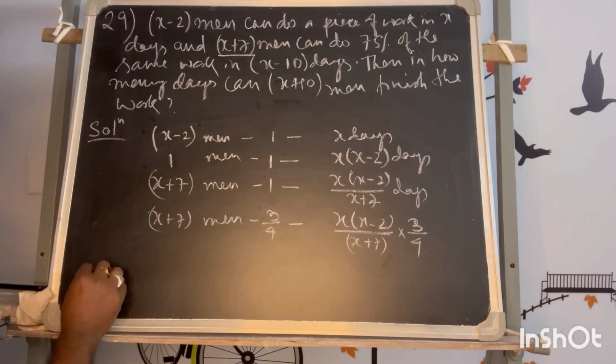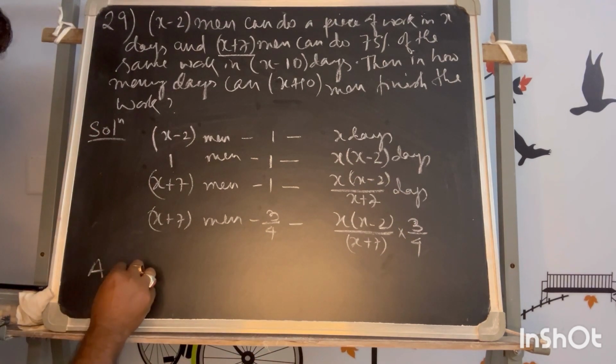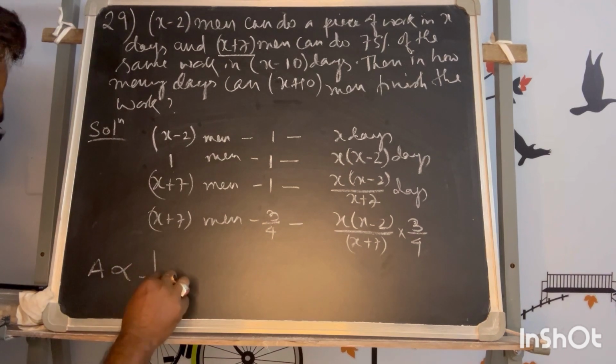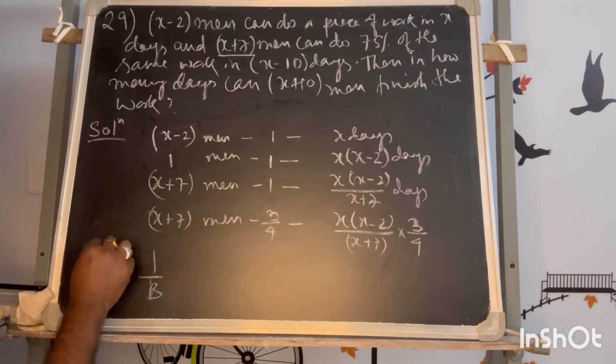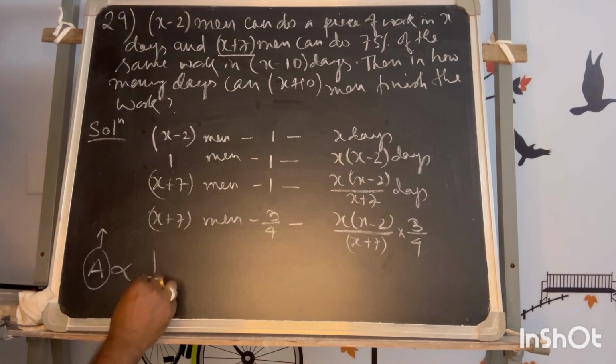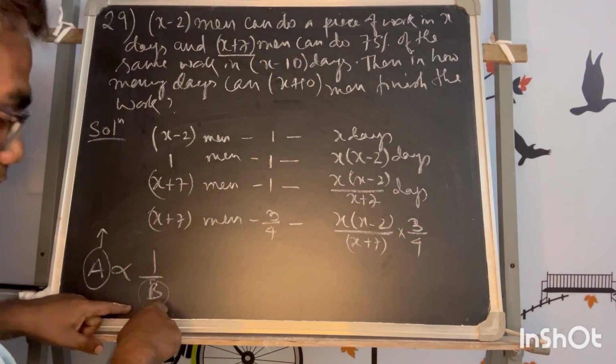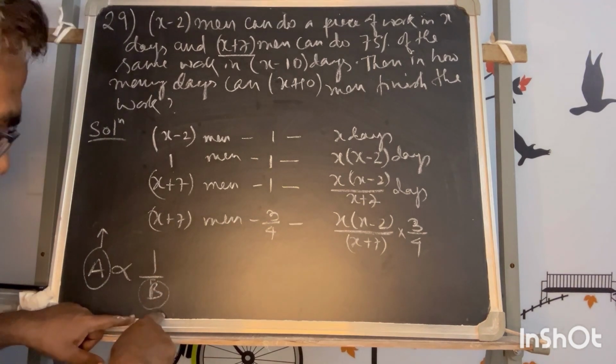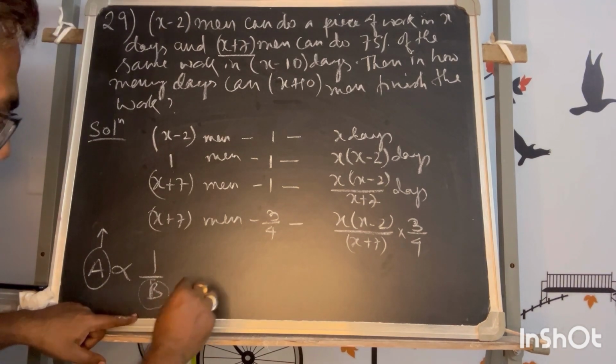When two variables, let's say A and B, are inversely proportional, then while A is increased, B will be decreasing. B has to be decreased, so this has to come in the denominator. You have to put the variable in the denominator.